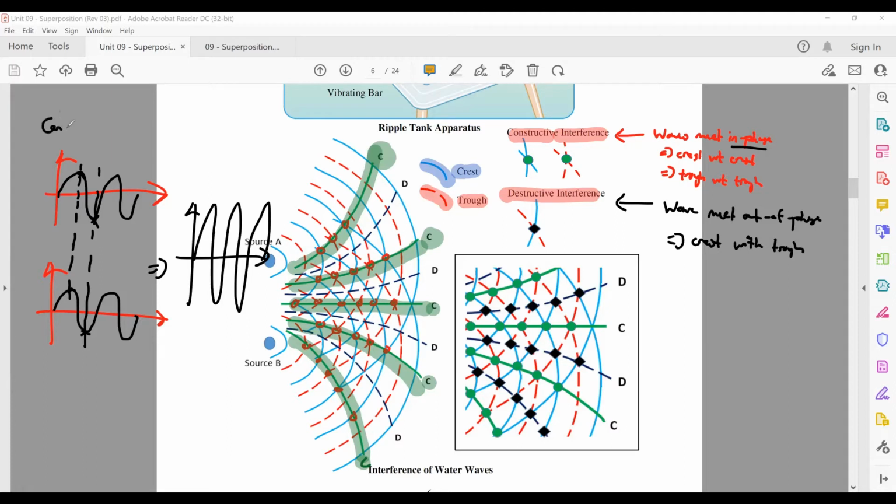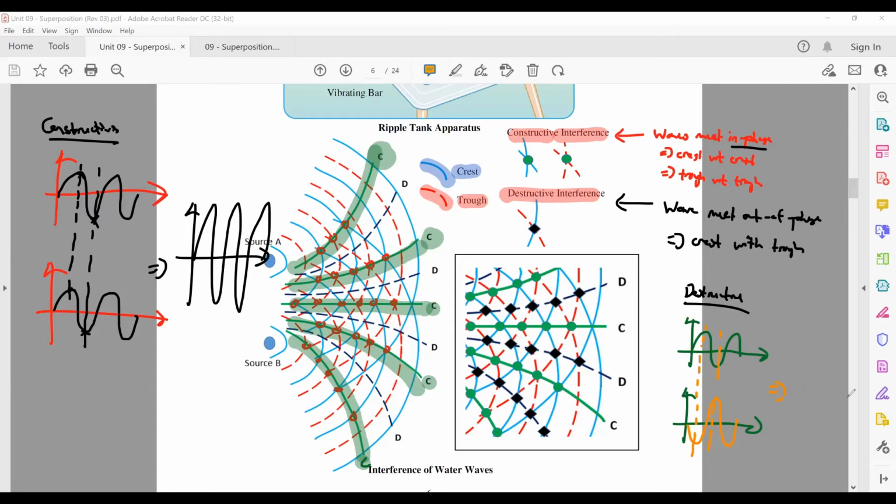So if this one is constructive, destructive is something that looks like this. You again have the two waves. You can have something like this, and then something that looks like this. Here you will see that crest meets with trough, crest meets with trough.